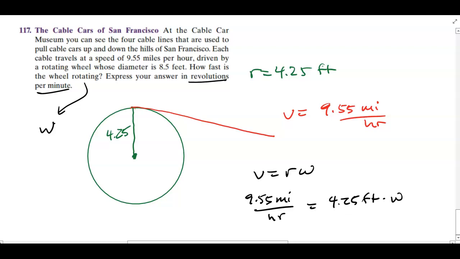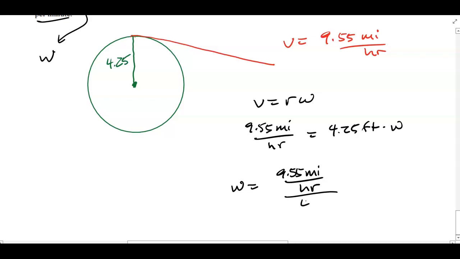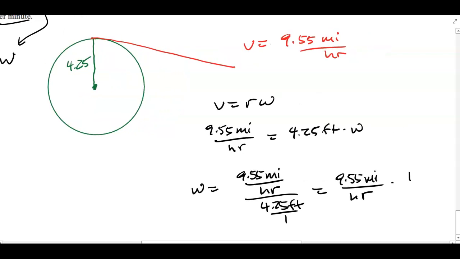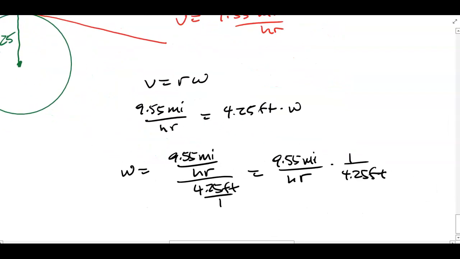All right, so let's divide. This means then that W is 9.55 miles per hour divided by 4.25 feet. So this is 9.55 miles per hour times 1 over 4.25 feet. This is going to be W. They want W, though, in revolutions per minute.